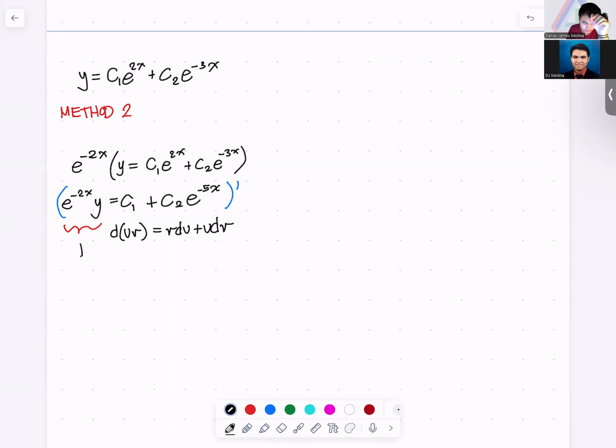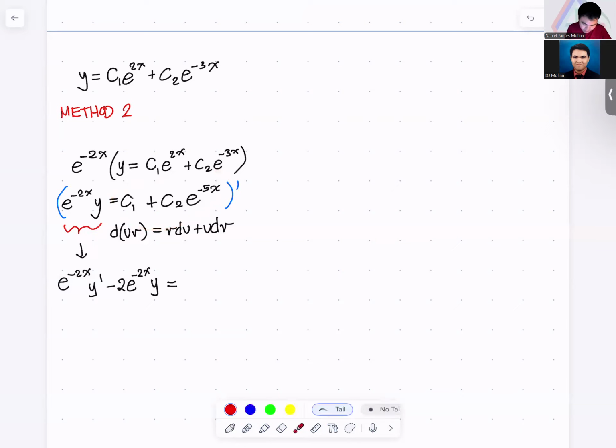So when you differentiate, this results to, let's copy first e raised to negative 2x and then differentiate y, right? Then plus, copy y, then differentiate e raised to negative 2x. That's negative 2e raised to negative 2x. A lot of students are confused with that part, especially if the concept of the product rule is not explained.